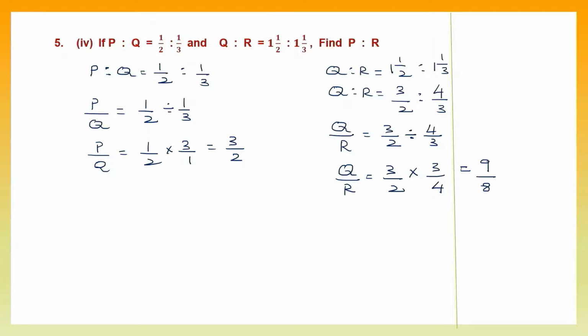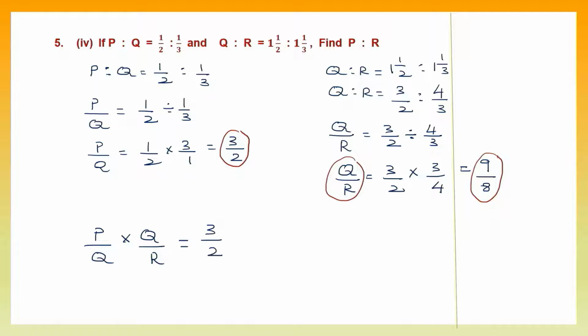So I've got P by Q here in the first part. P by Q equals 3 by 2 and Q by R equals 9 by 8. So now let's work this out again here. To remove the Q, P by Q into Q by R. Okay, we'll multiply. How much is P by Q? 3 by 2 into how much is Q by R? 9 by 8.